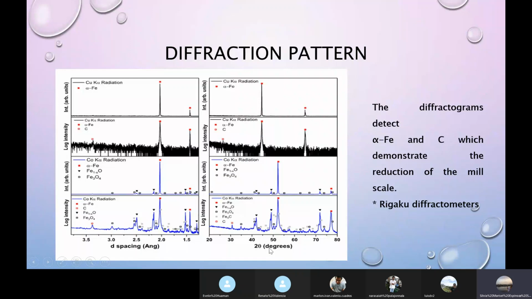On the right side, the pattern with respect to displacement has been plotted. All the patterns correspond to the iron powder after the reduction, and an average particle size of around 400 nanometers is observed. Therefore, carbothermal reduction of iron oxide to alpha iron is demonstrated with both sources.